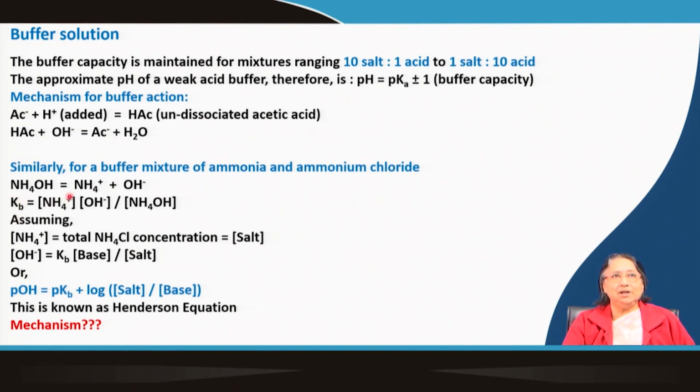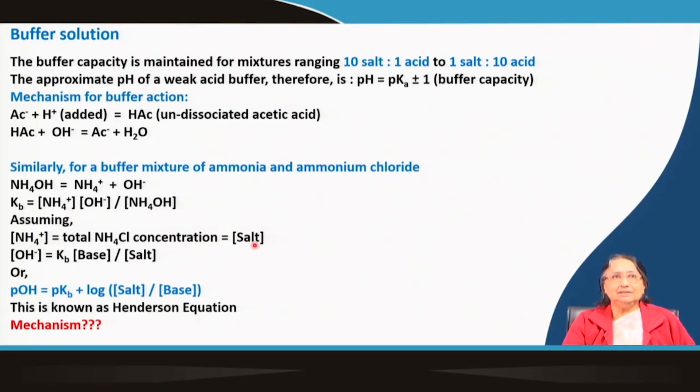Kb equals ammonium ion concentration into OH minus ion concentration by ammonium hydroxide concentration. Ammonium ion concentration is mostly the total from ammonium chloride, because the contribution of ammonium ion from ammonium hydroxide is very small compared to this one.